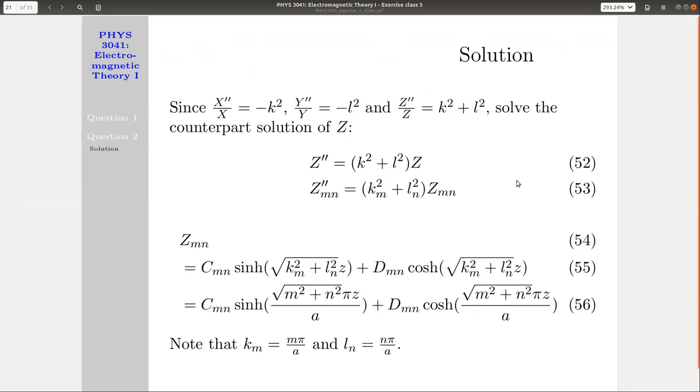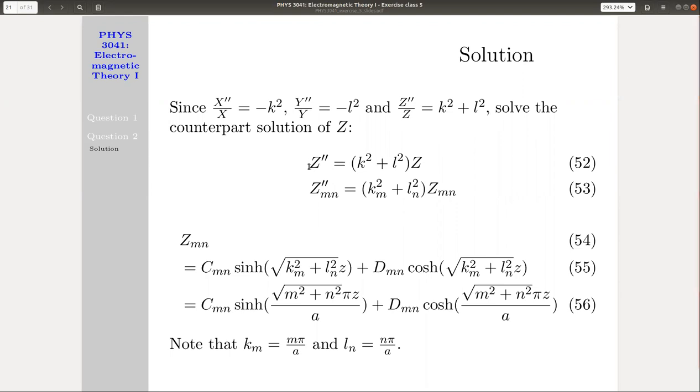After solving for x and y, as you can see, the solution of z is related to the solutions of x and y, because they are related by the k and l that are solved from the differential equations of x and y. So for each m and each n, we have the corresponding solutions.